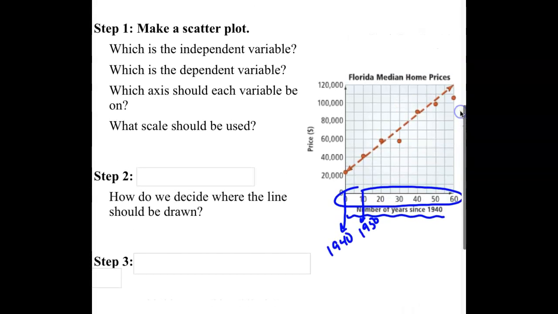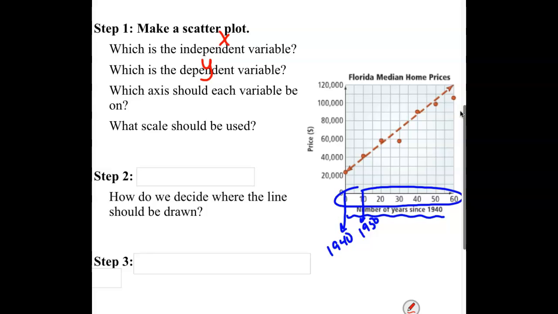All right. So if we were graphing this by hand, we would have to determine which is our independent variable, or the x's. Which one would be the dependent or the y values? Okay? Which axis should each variable be on? What kind of scale do we need to use? We'd base this all on the data we have. Okay? How big is this data?